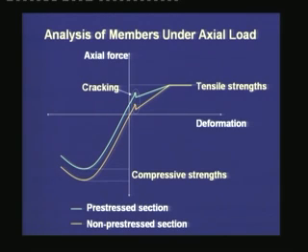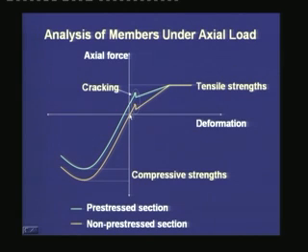The orange curve is the axial force versus deformation curve for a section without any pre-stressing tendon. It is just reinforced with conventional steel, and what we see in the tension quadrant is that the axial force almost increases linearly with deformation till the member cracks.